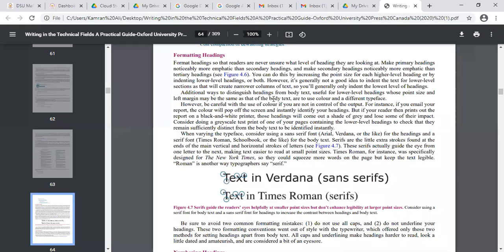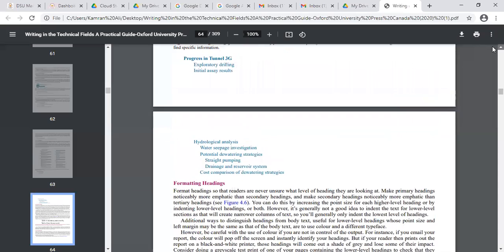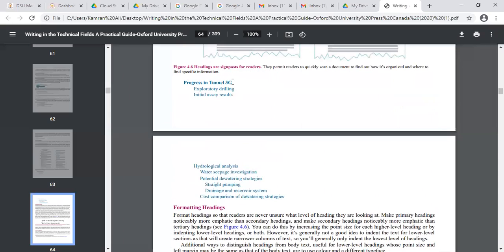Additional ways to distinguish headings from body text, useful for lower level headings whose point size and left margin may be the same as that of the body text, are to use color and a different typeface. Of course, first level headings have larger fonts.